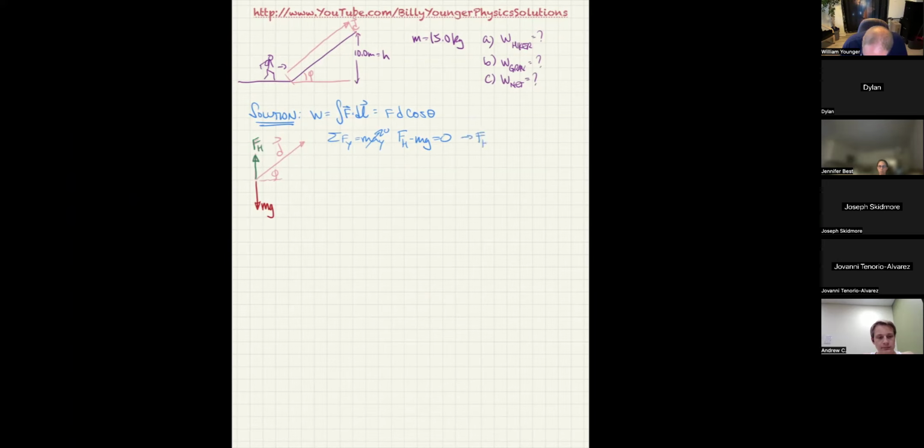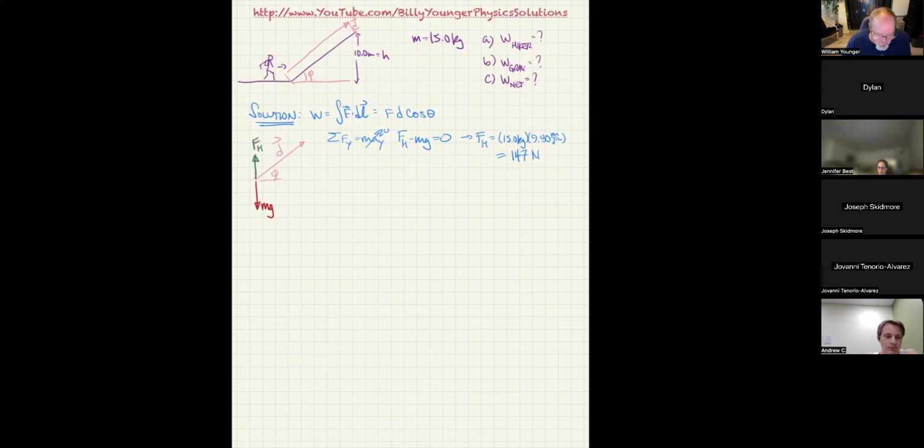So FH is equal to 15.0 kilograms times 9.80 meters per second every second. And that gives us 147 newtons. Okay. And that's 3 sig figs. So that should be good enough. We now have that quantity.